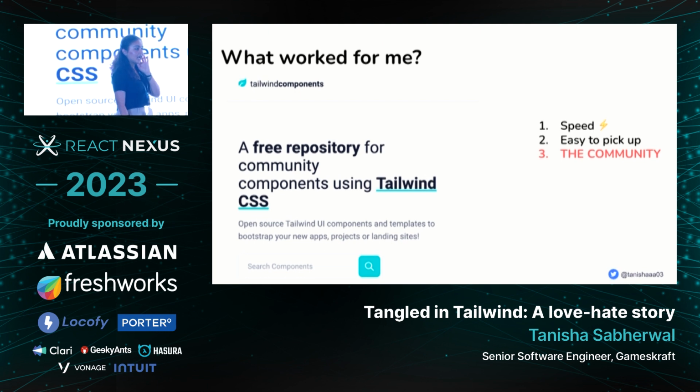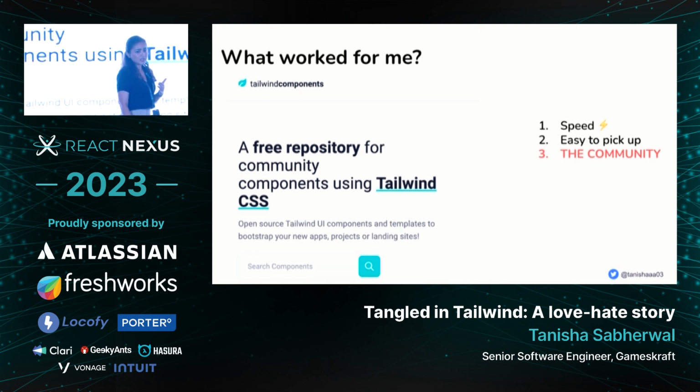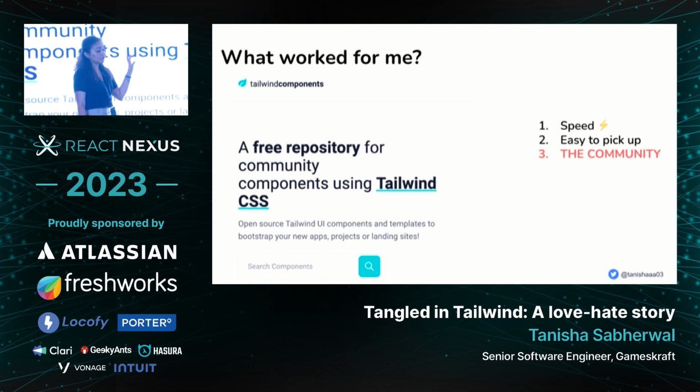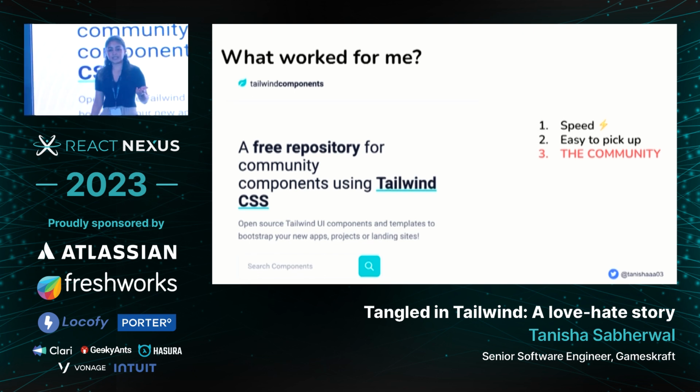And the last thing, I think it was the community. Community worked really well for me, especially for projects where I could just pick up certain elements. People have created wonderful component libraries using Tailwind, and it just helps me put together all these UI elements together. So this is one of the repositories of all the components that you can use.